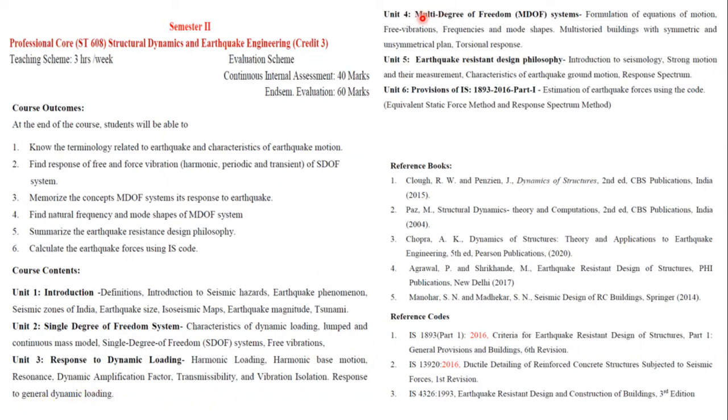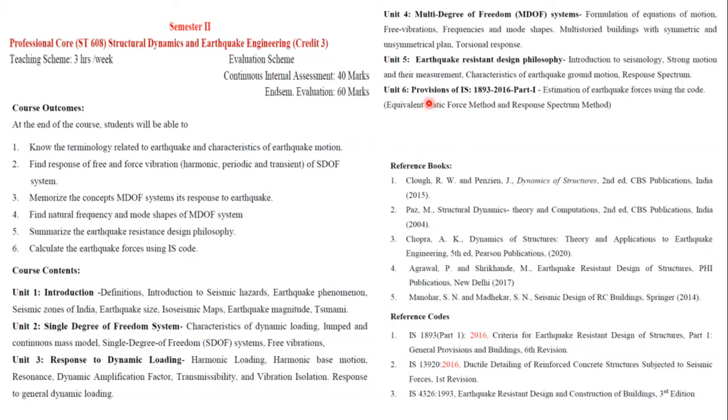Unit number 4 is multi-degree of freedom system: formulation of equations of motion, free vibrations, frequencies and mode shapes, multi-storied buildings with symmetric and unsymmetrical plan, and torsional response. The fifth unit deals with earthquake resistance design philosophy: introduction to seismology, strong motion and their measurement, characteristics of earthquake ground motion, and response spectrum.